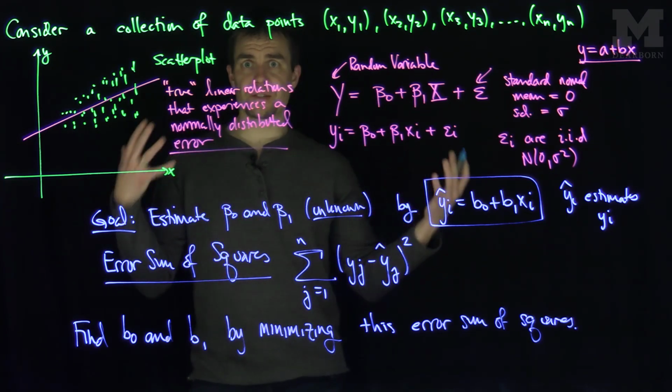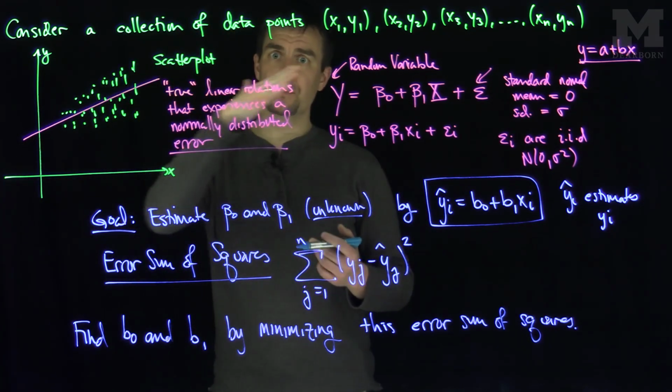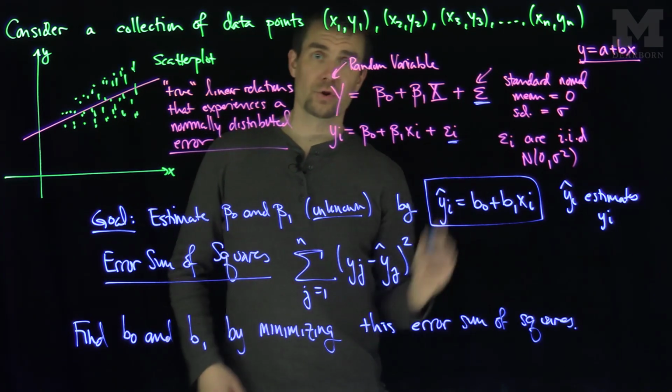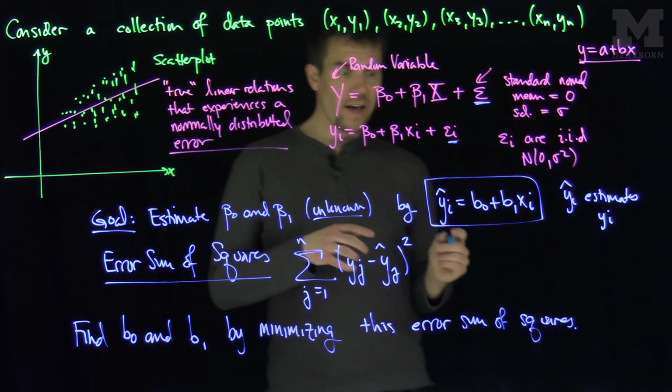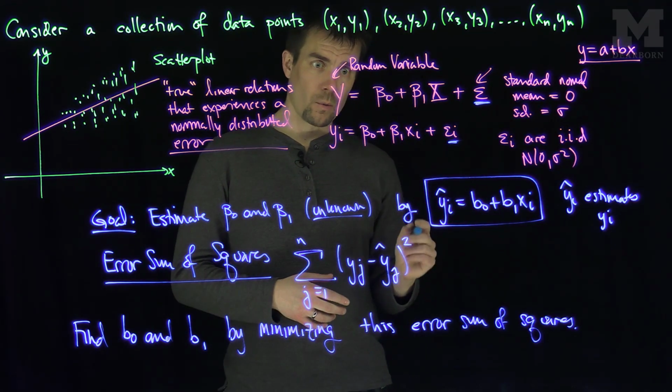So linear regression takes a data collection. It postulates that there's a true line that goes through the data points up to what? Up to a normally distributed fluctuation. And then it makes an estimate of those parameters beta 0 and beta 1.